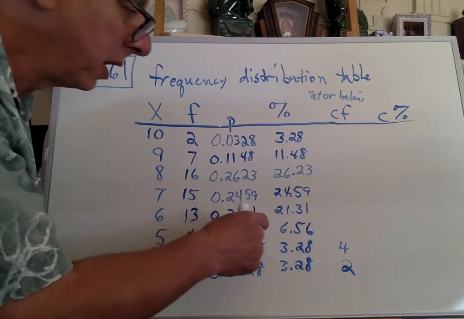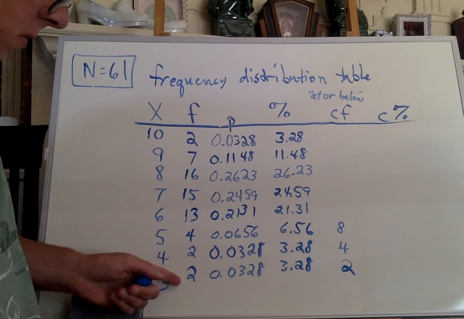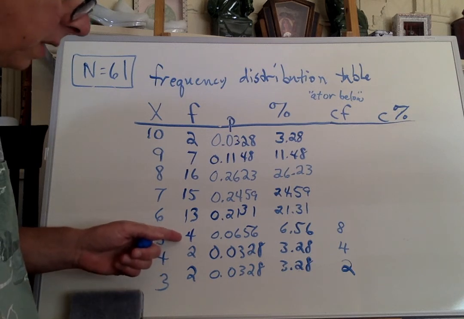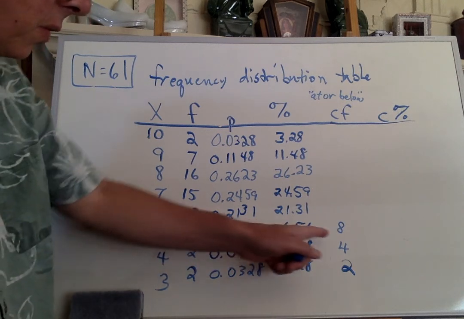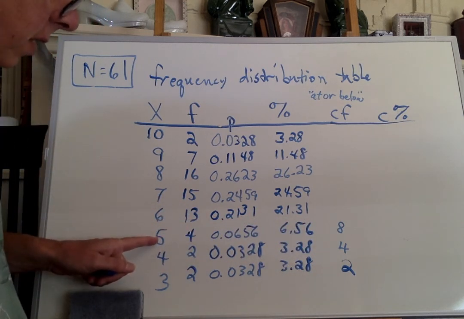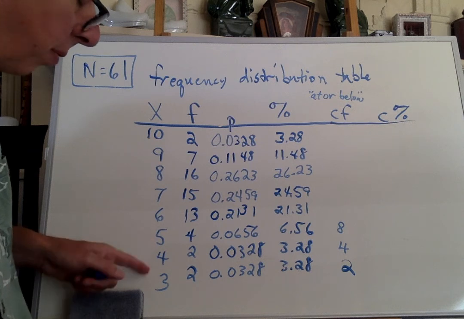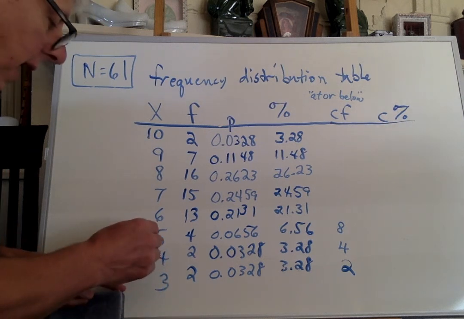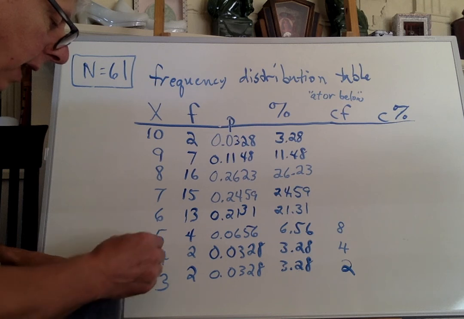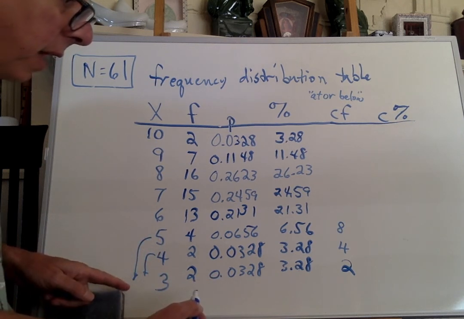So what is our entry here? It's 8, okay? 2 plus 2 plus 4 is 8. So 8 people had a score of 5 or below 5, okay? So it's at or below 5. At or below 4, and then we stay with 3, okay?